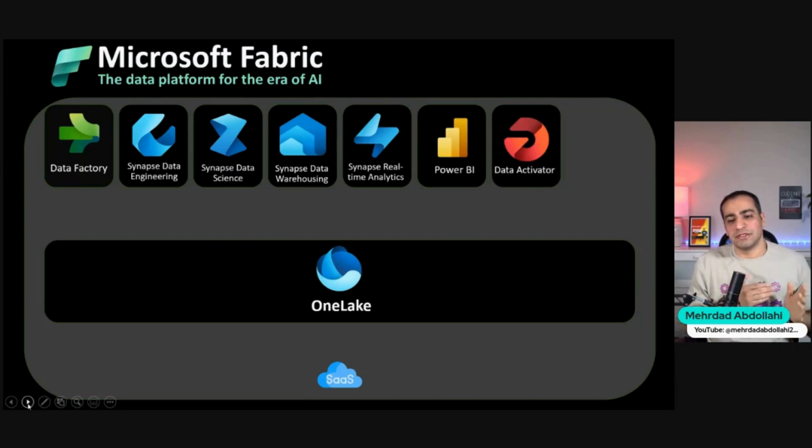We have a fantastic tool here, which is Data Activator that was released recently, and is now available in general. So this Data Activator is basically for automating some actions, and it is looking at the behavior of data.